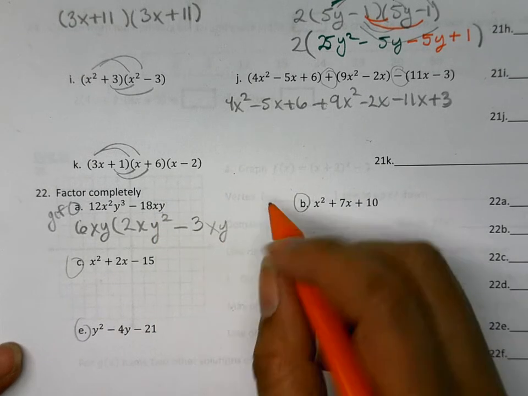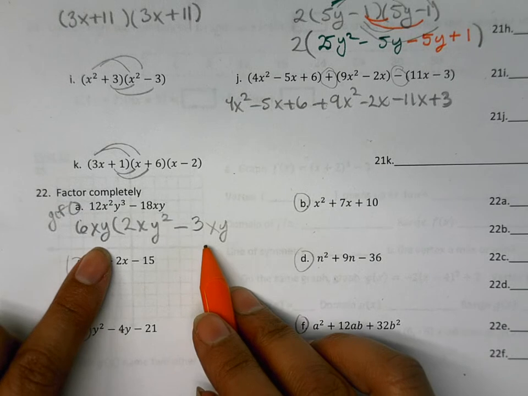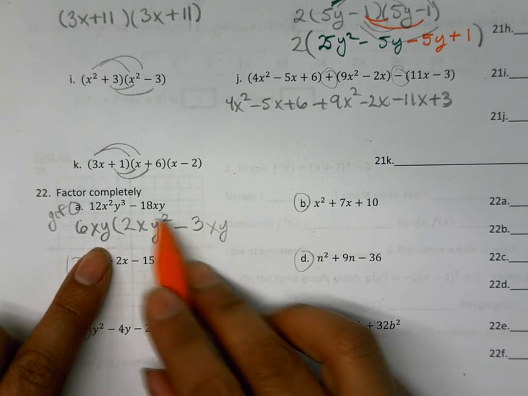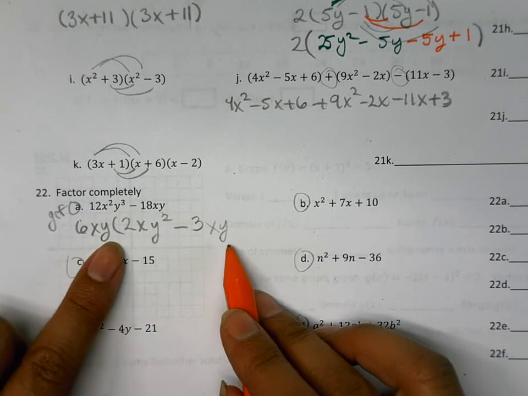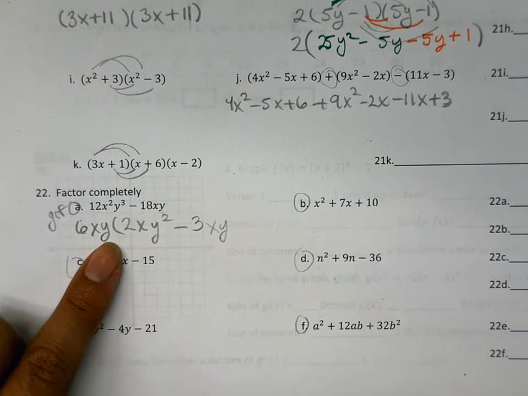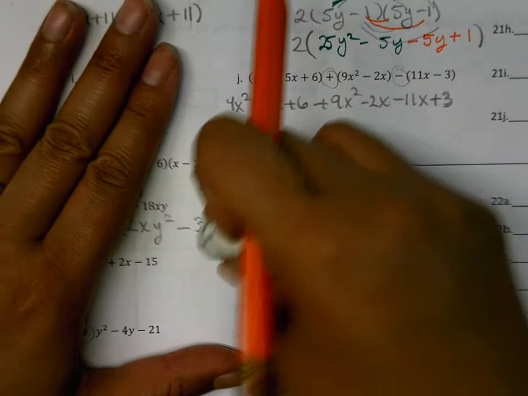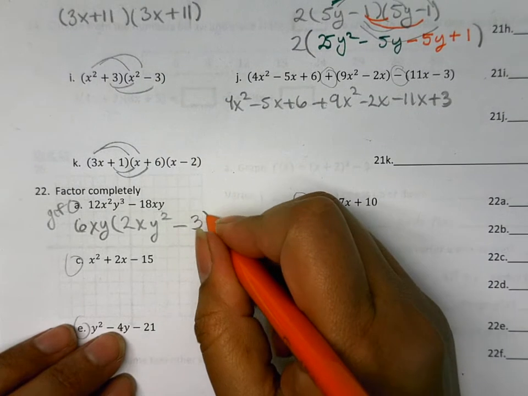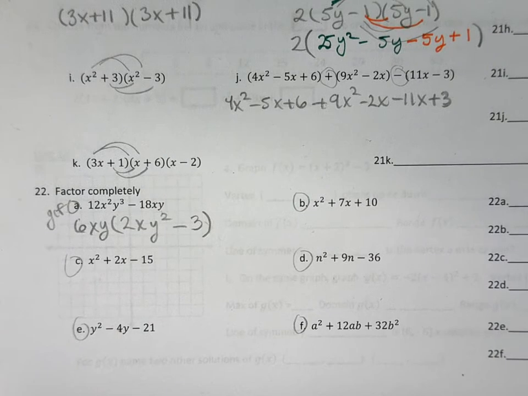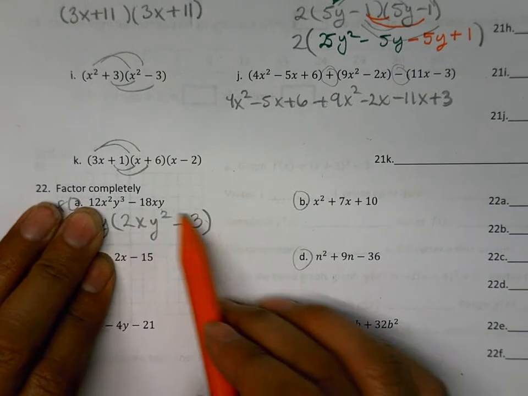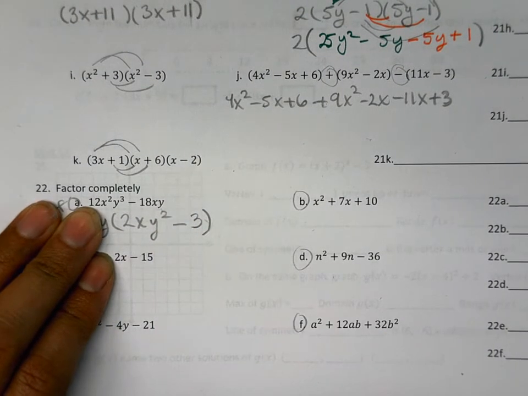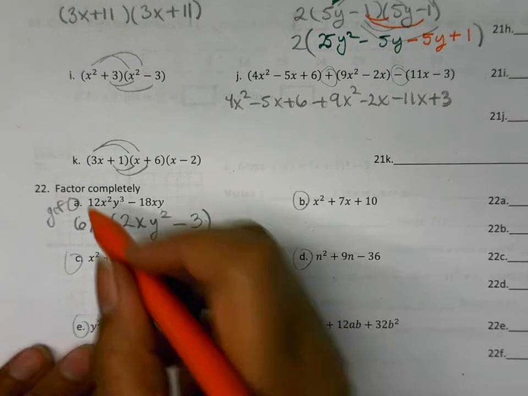No, because what's x times x? That's not x squared. What's y times y? That's not y squared. So is it okay to put the xy there? No. Don't forget, you always check to see if there's still a GCF. Is there still a GCF here with 2x squared y, 2xy squared and 3? No. So this is your final answer.